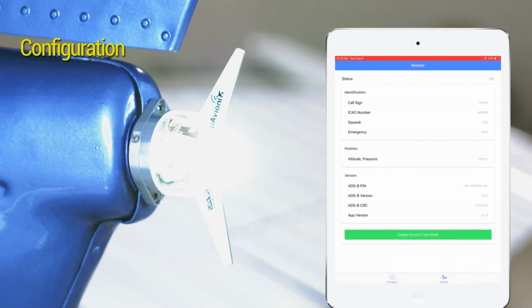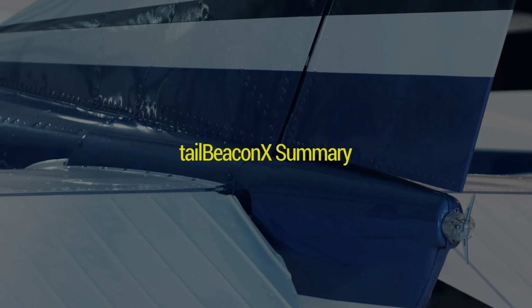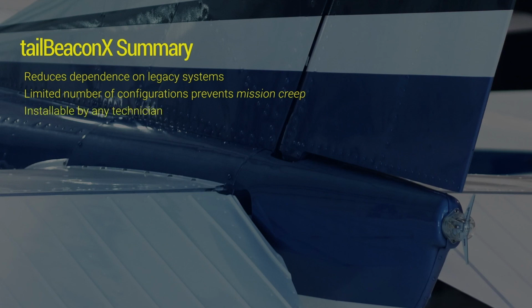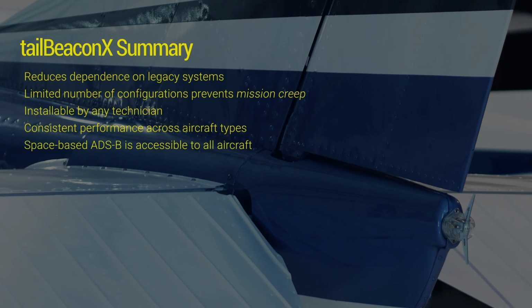This aircraft is now compatible with ground and space-based ADS-B systems. tailBeaconX reduces dependence of the airspace on decades-old legacy equipment. A limited number of configurations prevents mission creep and unexpected costs, while being installable by almost any technician. The unique design delivers consistent performance across aircraft types, while the low-cost hardware and easy installation ensure space-based ADS-B is accessible to all aircraft.